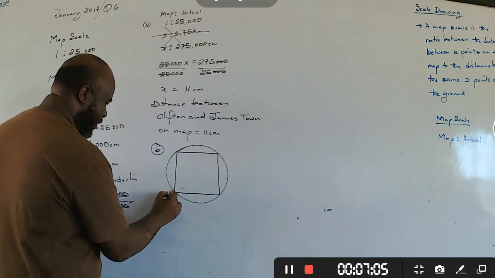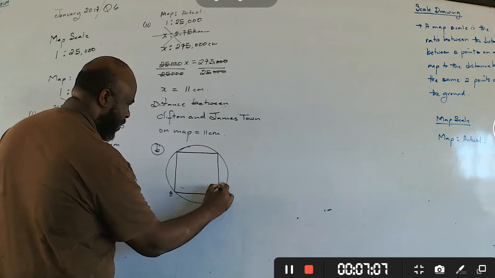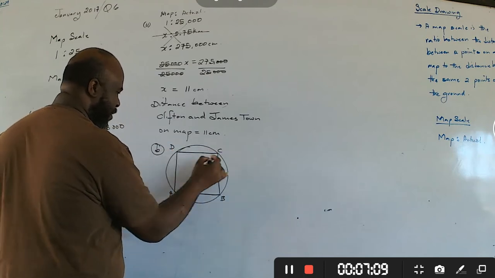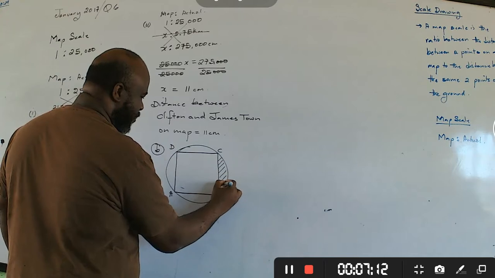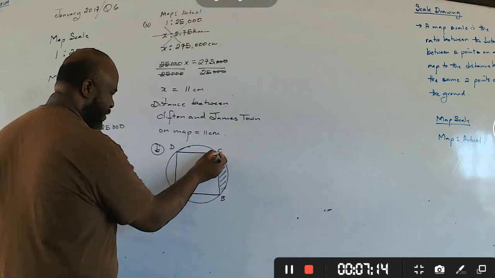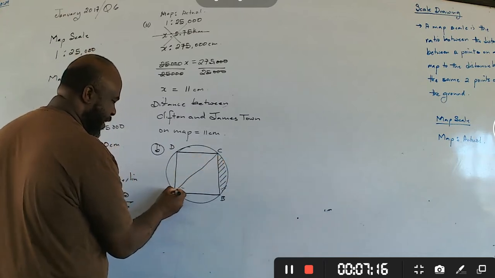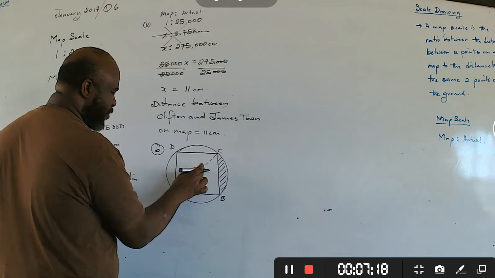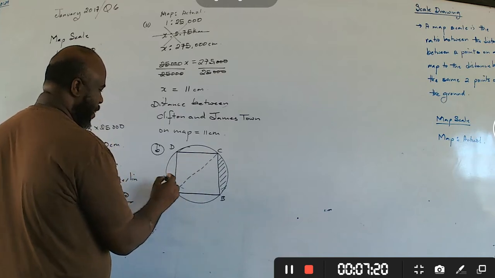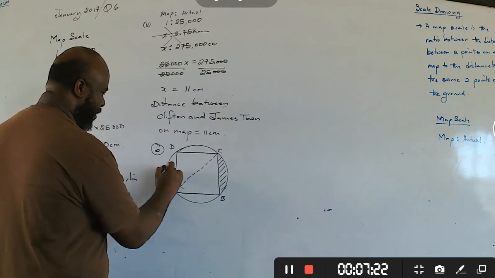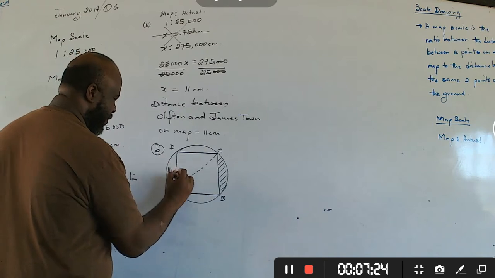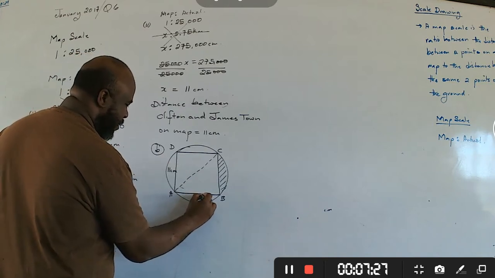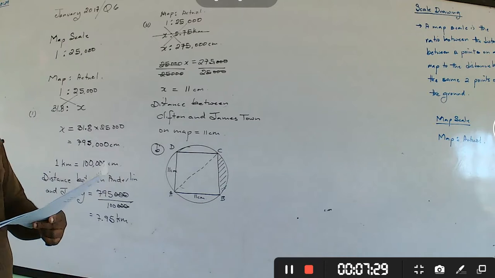This is A, B, C, D. AC is the diagonal, which everybody knows. And they told us that the length of one side of the square is 11 centimeters.